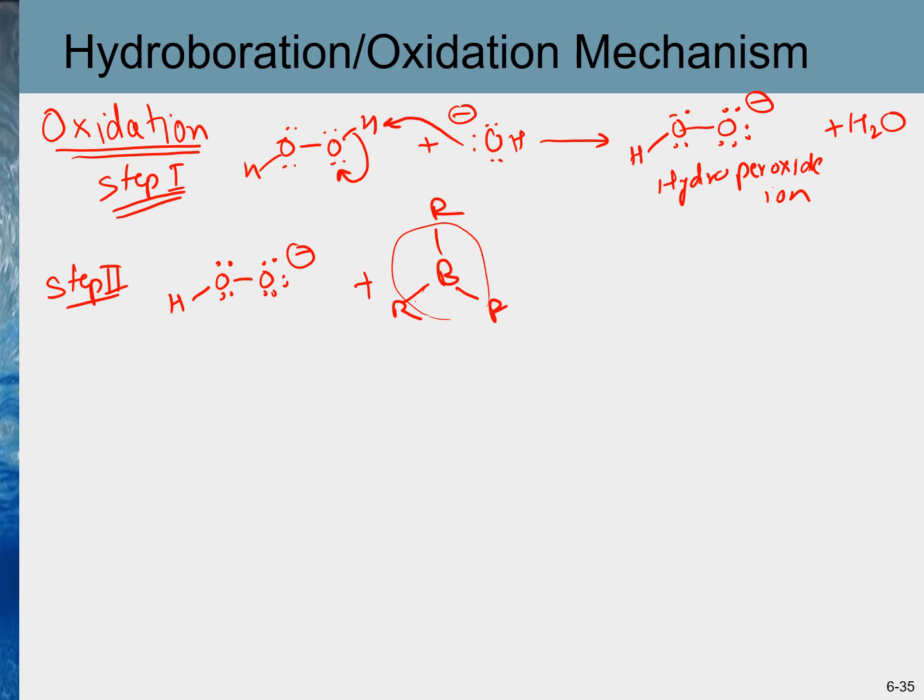So only 6 valence electrons. So therefore it is electron deficient. On the other hand, hydroperoxide is electron rich. So it's a nucleophile. So this will result in a nucleophilic attack, and the product of this attack will be a complex between hydroperoxide and the trialkyl borane.